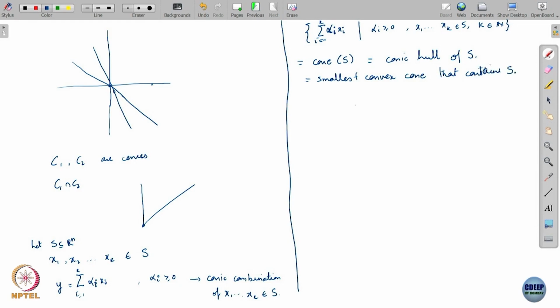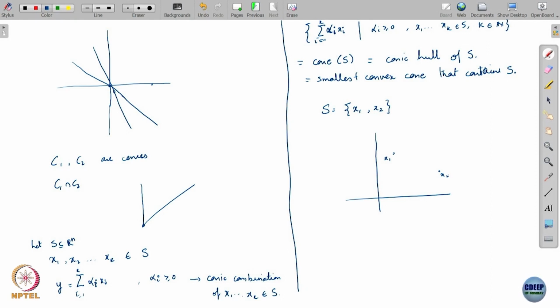So, just as a very extreme example, suppose I take the set S as just having 2 points x1, x2 in R2. So, my set is actually these 2 points, x1, x2. What is the smallest cone containing these 2 points?